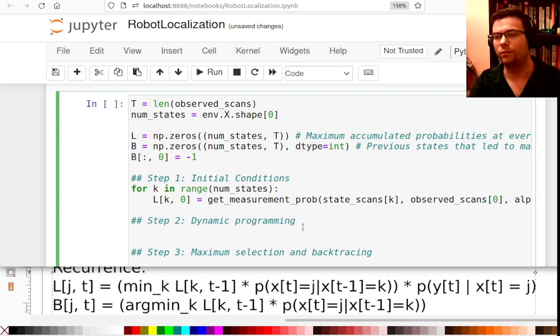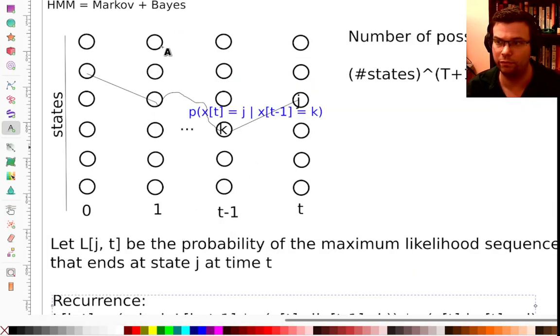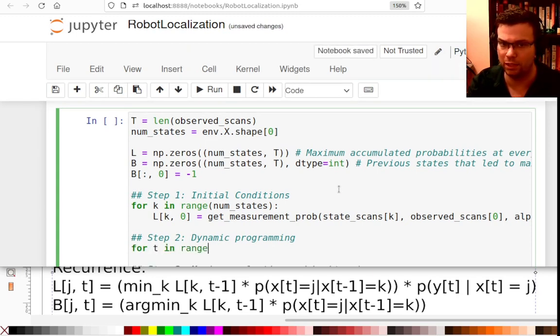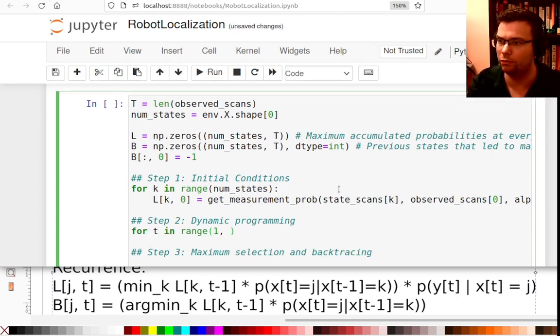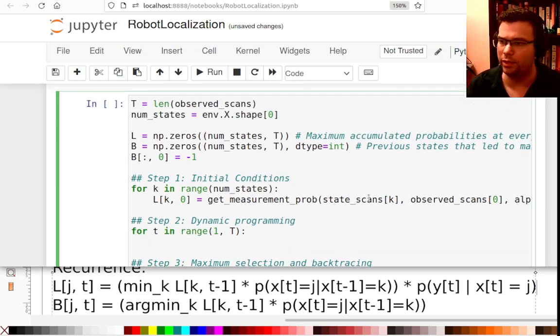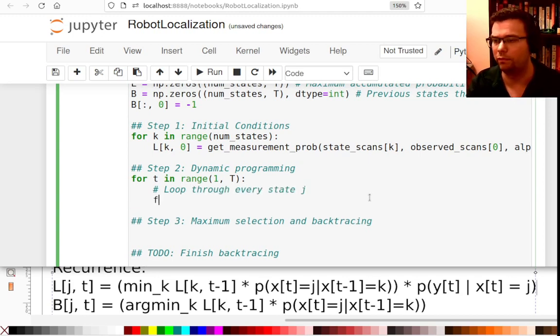Now I'm going to loop through the table in order of time, and fill through each one of these columns. So let me go back now. I'll say for t in range 1 up to the last time. Now I want to loop through every state j. So let's say for j in range num states.